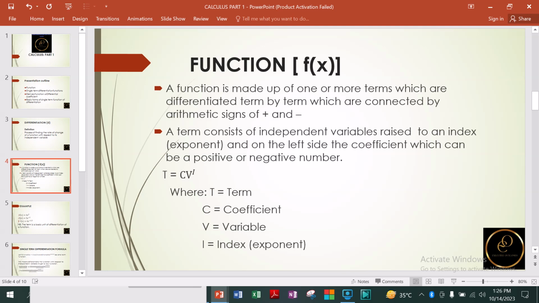A term, on the other hand, can be taken to comprise independent variables raised to an index or an exponent. And on the left side, you normally find a coefficient, which is a number without a variable, which can be a positive or negative number.